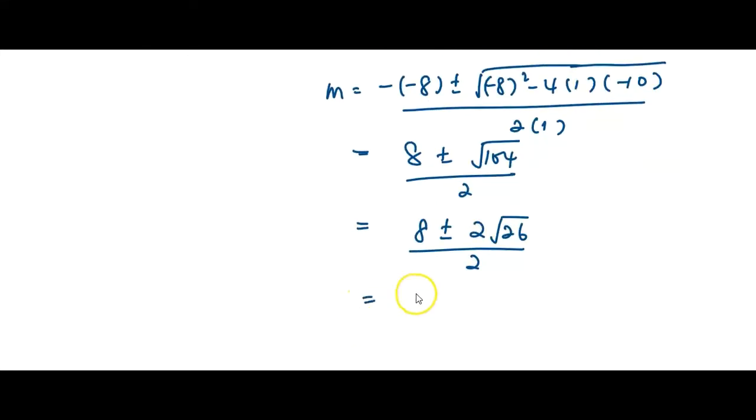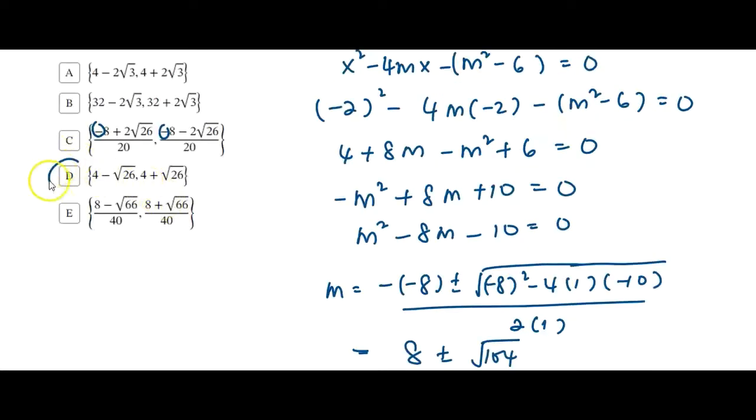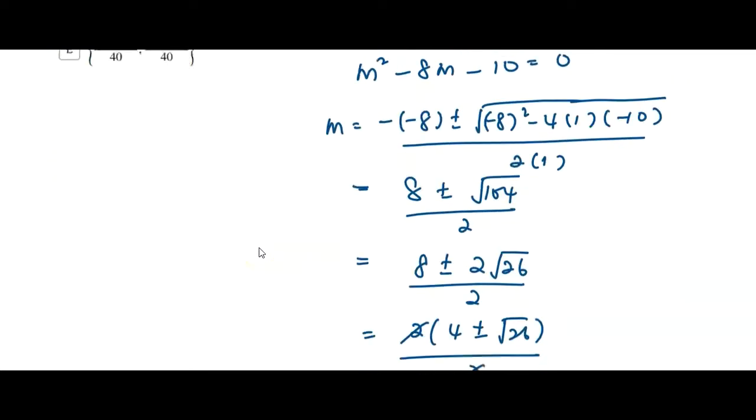So most probably we need to simplify it. Factor out the 2. You have 4 plus minus surd 26, all over 2. So by cancelling off the 2, you get 4 plus minus surd 26. And option D gives the answer as 4 minus surd 26 and 4 plus surd 26.